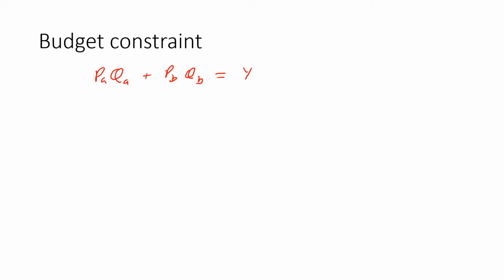In order to do that, let me rewrite this equation as PA QA is equal to Y minus PB QB, where I have moved this here.